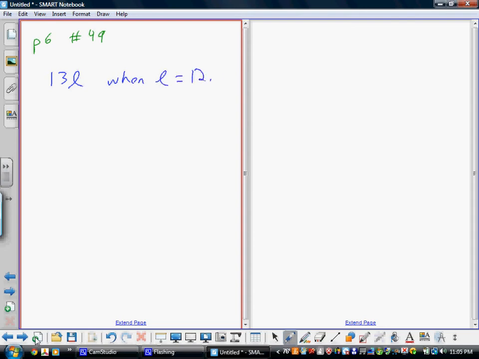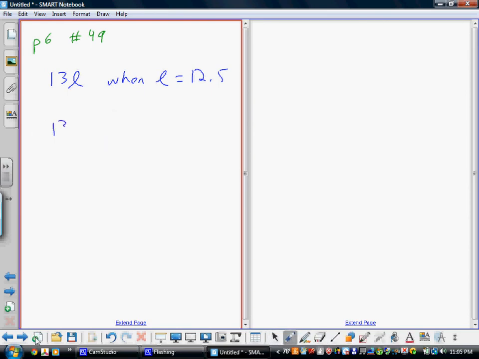But they say when the leapfrog is 12.5. So in this case, all we have to do is substitute. We end up with 13 times (12.5). Sorry about that backwards. Thank you for catching that.